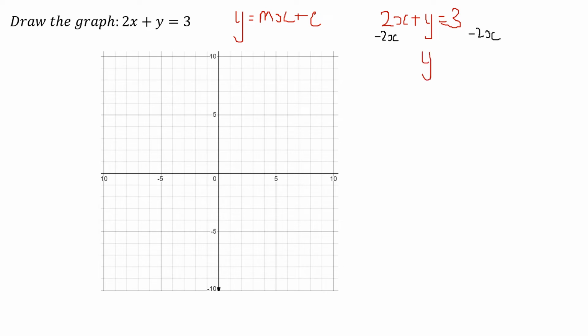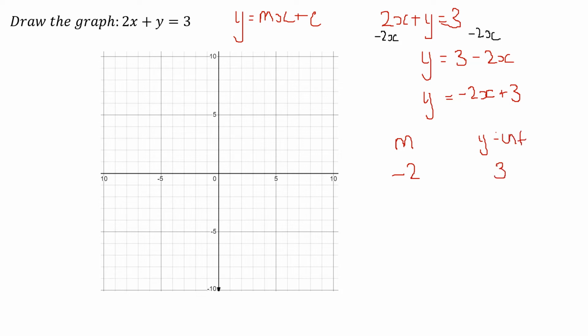So we'd be left with y equals 3 minus 2x. It's very much in that form. We could rearrange it if we wanted and write y equals minus 2x plus 3, but either way would be acceptable. So that just means that our gradient would be minus 2 and our y-intercept would be 3.